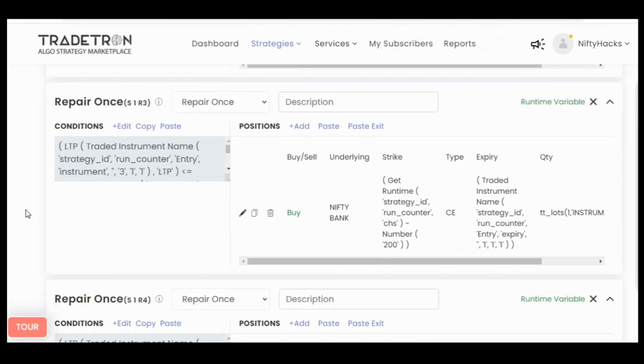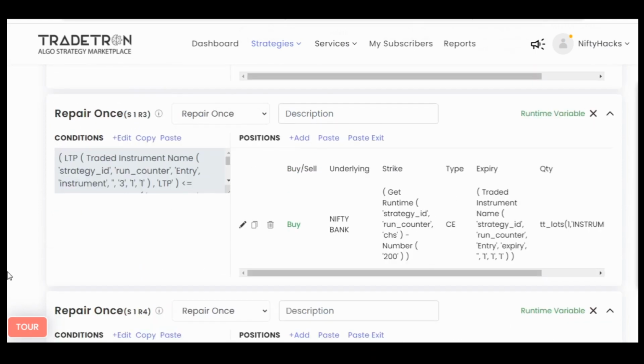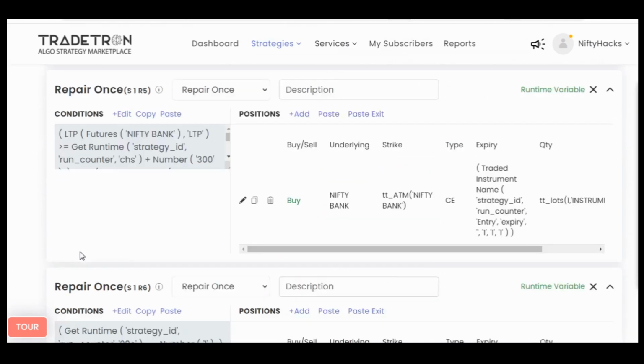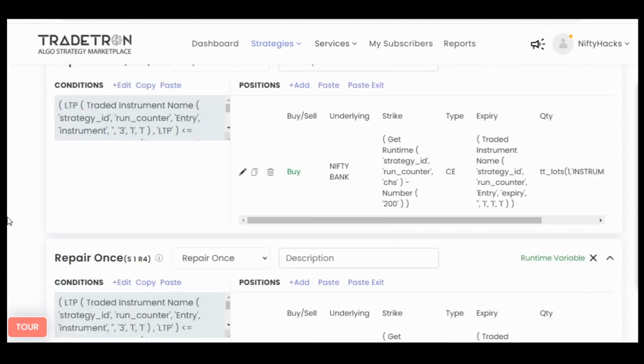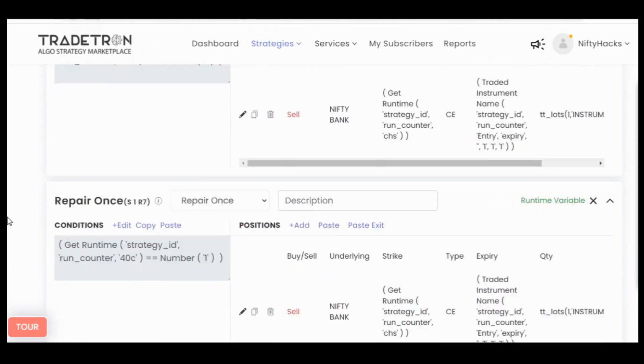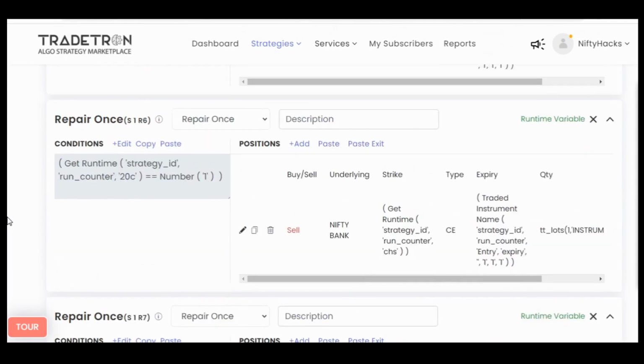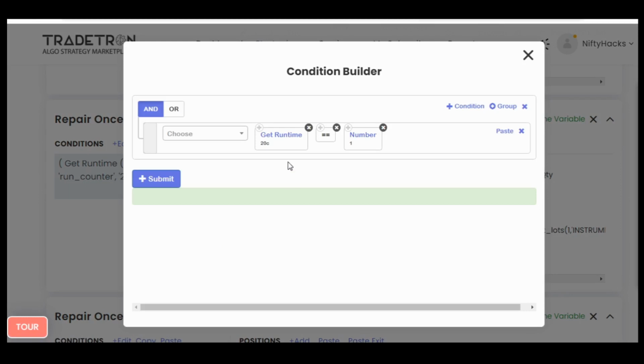And then this R3, 4 and 5 are for buying. So we are exiting. Once RO3 happens, I have assigned 3 sell side repair ones to basically exit if RO3 or the 20% decay has happened and we have entered in that hedge, to check that 20C has happened, because 20C get runtime is equal to 1.